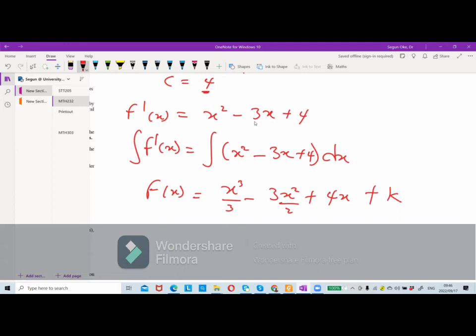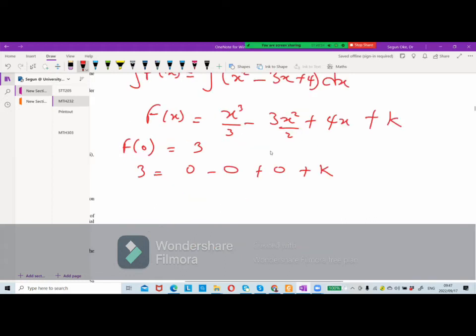So, and the question says f of 0, the condition says f of 0 is equals to what? 3. So I have f of x to be 3 equals to 0 minus 0 plus 0 plus k. So it simply means my k is equals to 3.